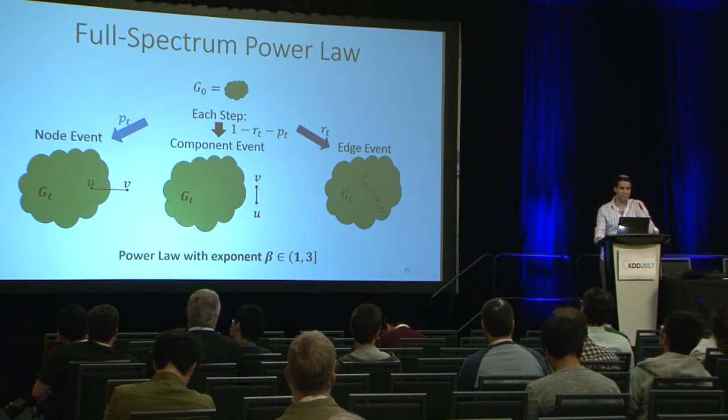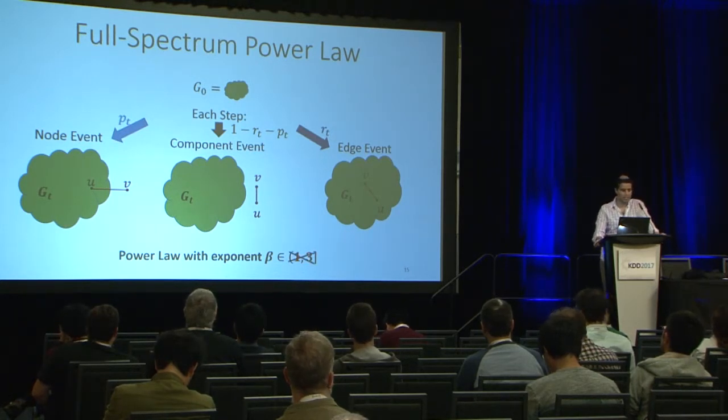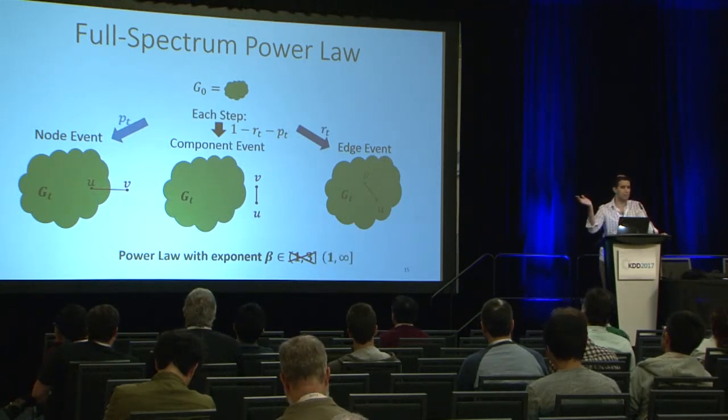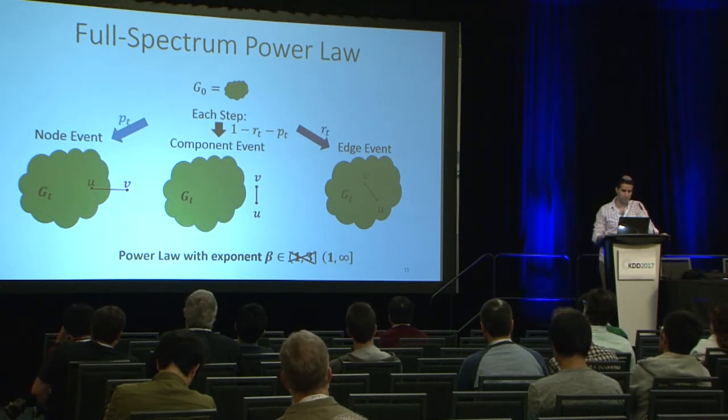If we have these 3 types of events instead of just the first 2, then we can get a network with a power law with any exponent between 1 and infinity. So give me any exponent that you want, and I have a model for you that can generate a network with a power law with that exponent. That's why we call it a full spectrum power law.